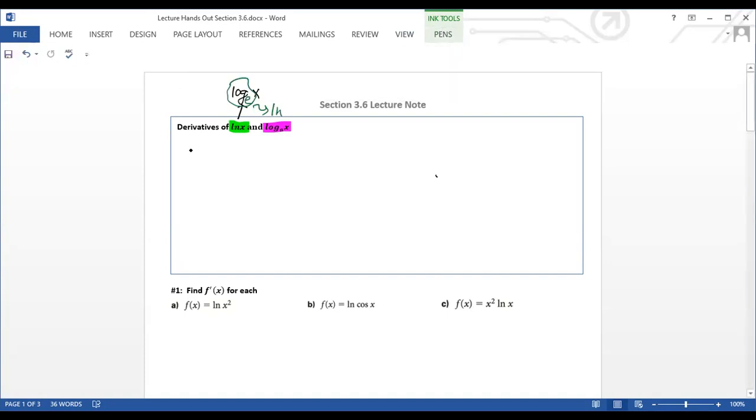Okay, so let me write down the formulas here. For the natural log, here's the formula: the derivative of the natural log x is 1 over x.